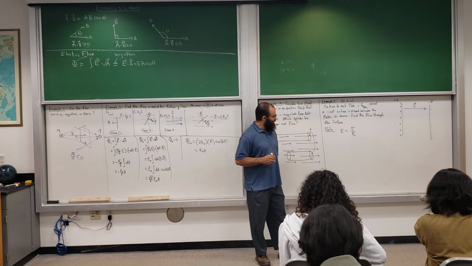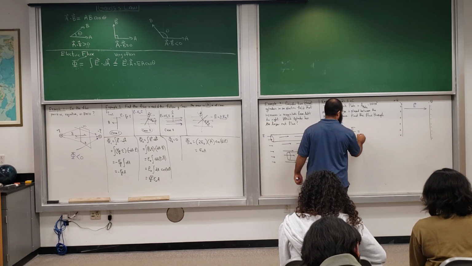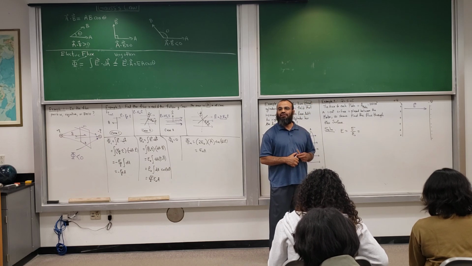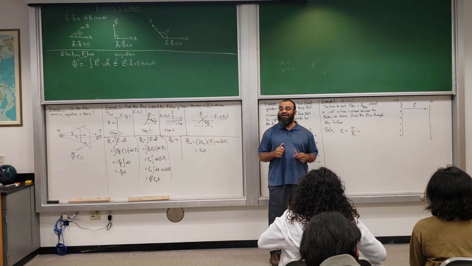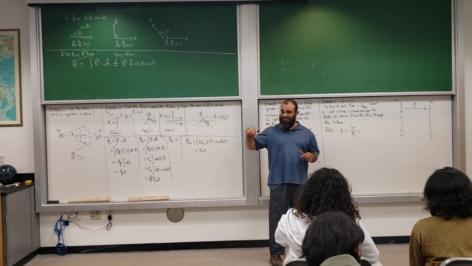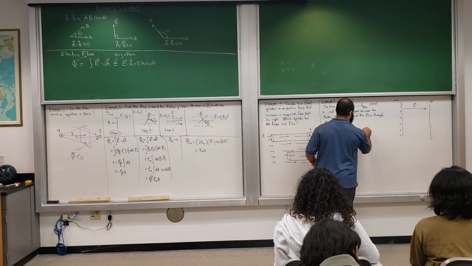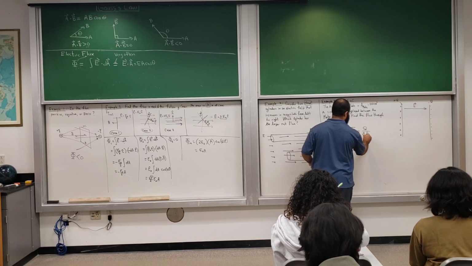So that's that. Now, what is sigma? How do you get sigma if you have Q? Charge over area. Remember, lambda is charge over length. Sigma is charge over area. Yeah, so it is the charge over the area, and then you get your epsilon naught.